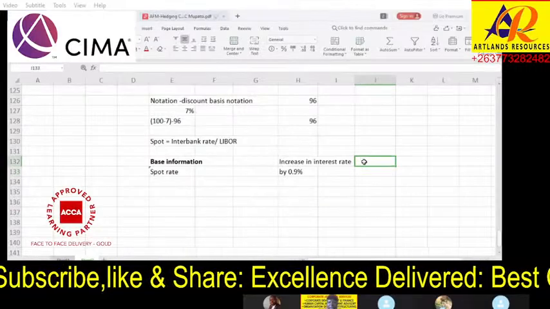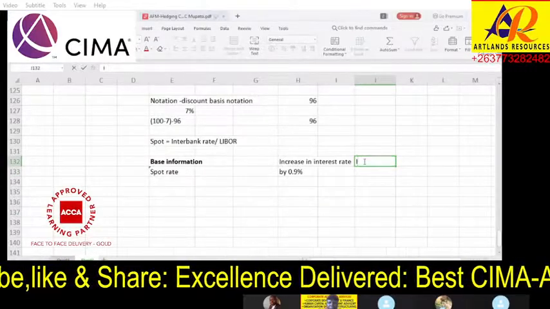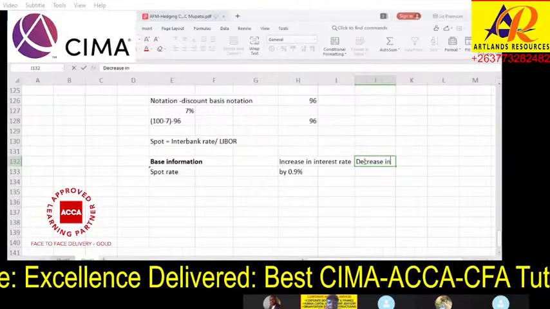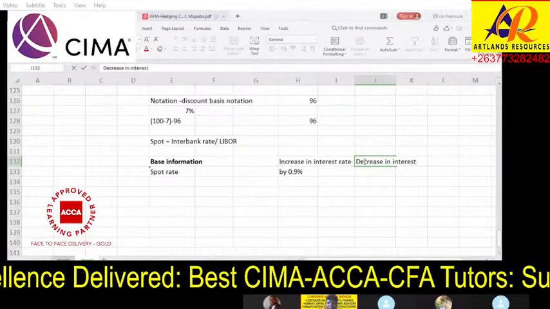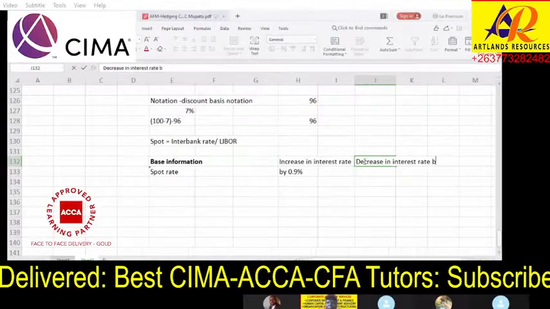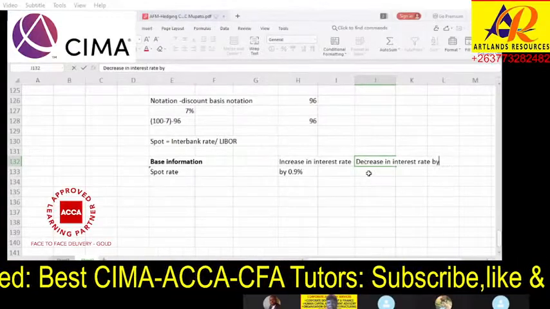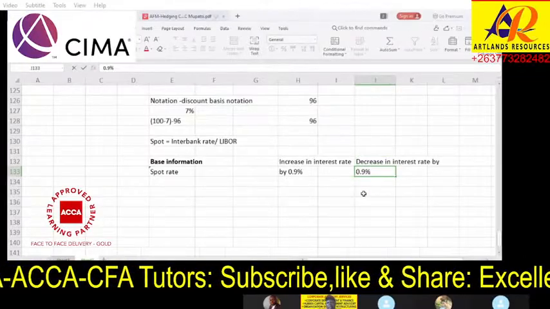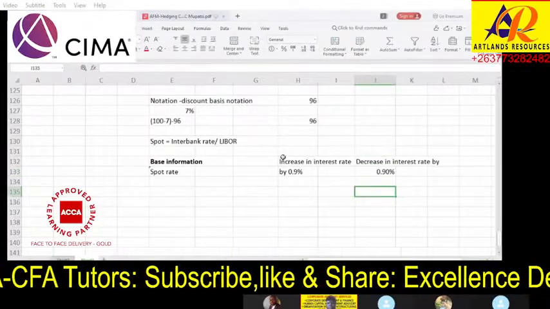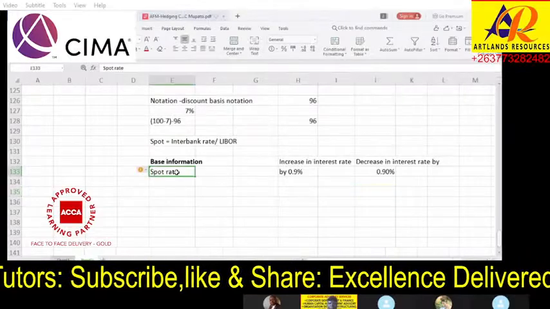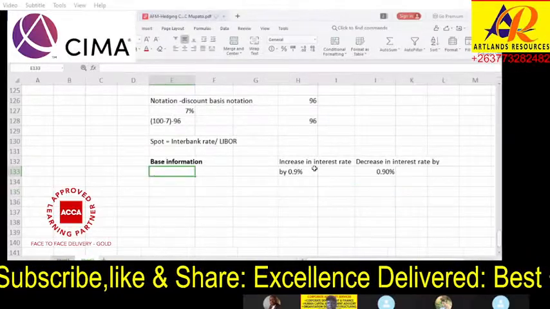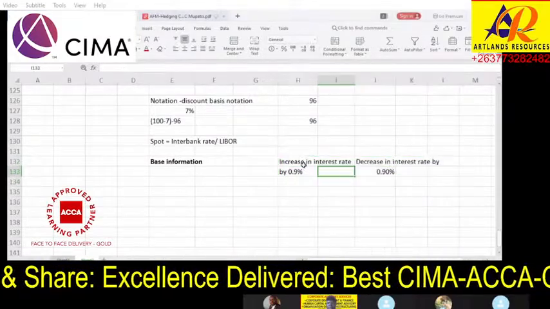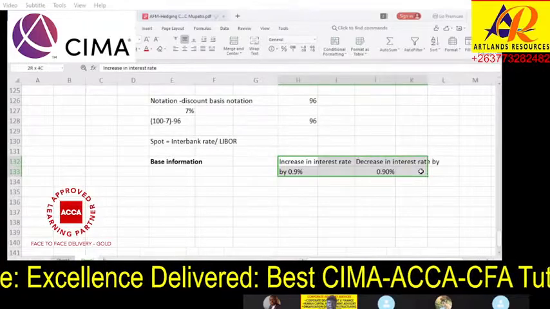Here, let us put decrease in interest rate by, they are also saying 0.9%. If they give you another percentage, it's not like they should always be the same. No. These are the scenarios that we have. The examiner actually wants us to see the outcomes under these scenarios.